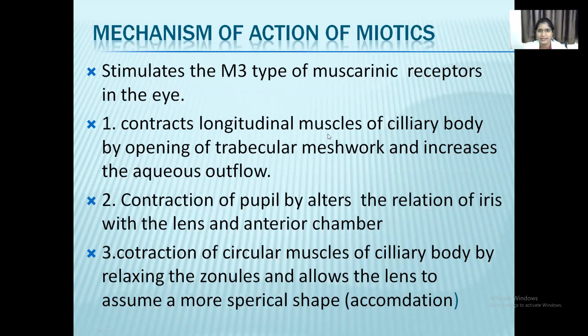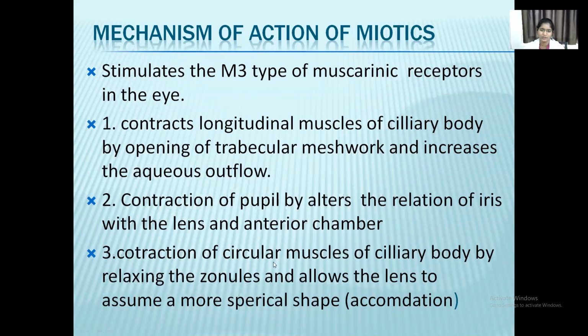First, they contract the longitudinal muscles of the ciliary body, opening the trabecular meshwork and increasing the aqueous outflow. Second is the contraction of the pupil, which alters the relation of the iris with the lens and anterior chamber. Another is the contraction of circular muscles of the ciliary body by relaxing the zonules and allowing the lens to assume a more spherical shape.